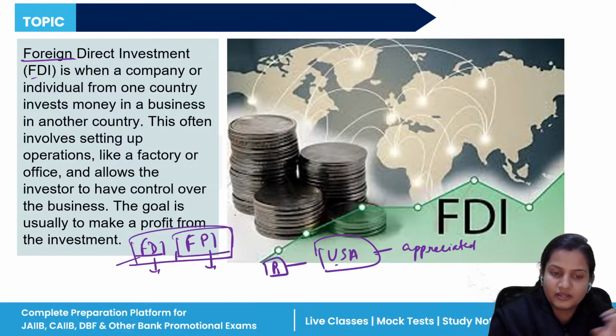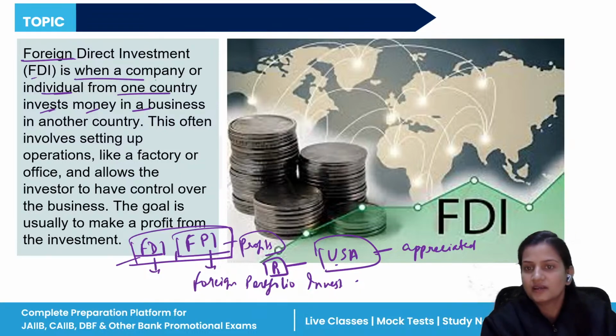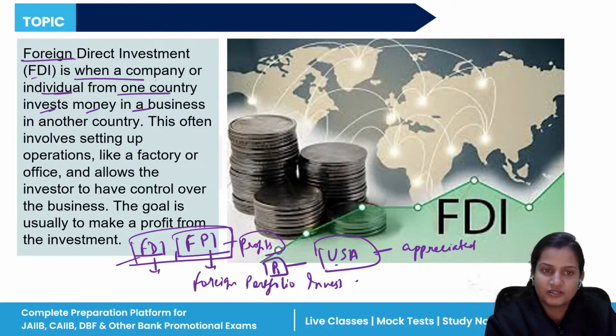If your intention is only to earn profits from that company, then you will do FPI, that is foreign portfolio investment. So FDI is when a company or individual from one country invests money in a business of another company situated in a foreign country.